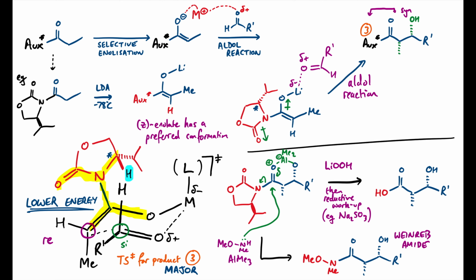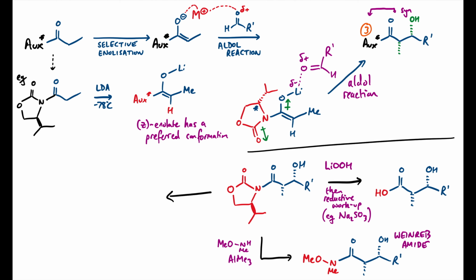The Weinreb amide itself is really useful because you can transform it using a Grignard reagent into, say, any ketone you like. A Grignard will only react once with this Weinreb amide. It won't add again to the ketone product. Of course, you'll also have to put a protecting group on that hydroxyl if you're going to do that sort of thing. One final thing that we could do with this product would be to just treat it with lithium aluminium hydride.